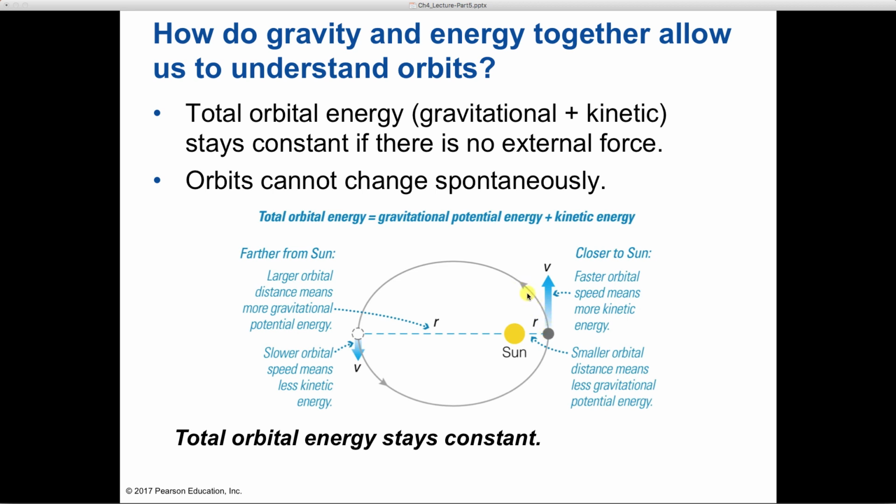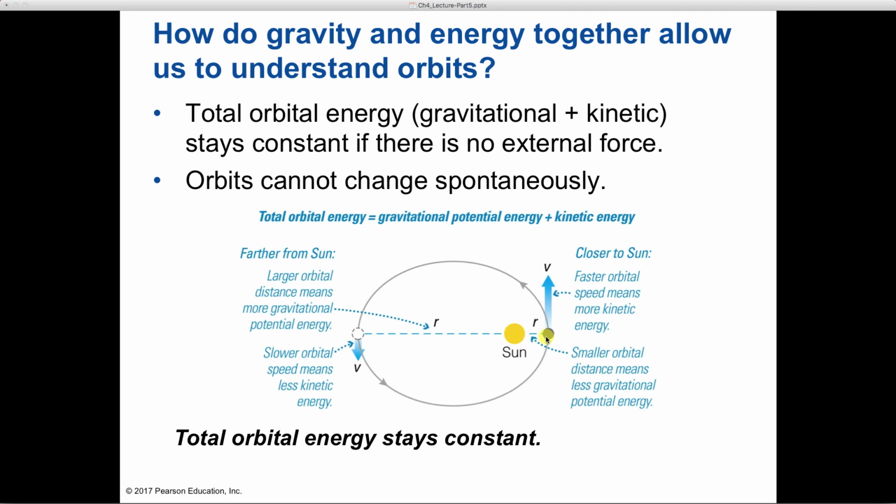Well, remember with gravity, if you get further away from something, the gravitational potential energy increases. It goes up. So if the total energy is gravitational potential energy plus kinetic energy, and this total energy is conserved, it is constant, then if the gravitational potential energy gets bigger, that can only happen if kinetic energy gets smaller.